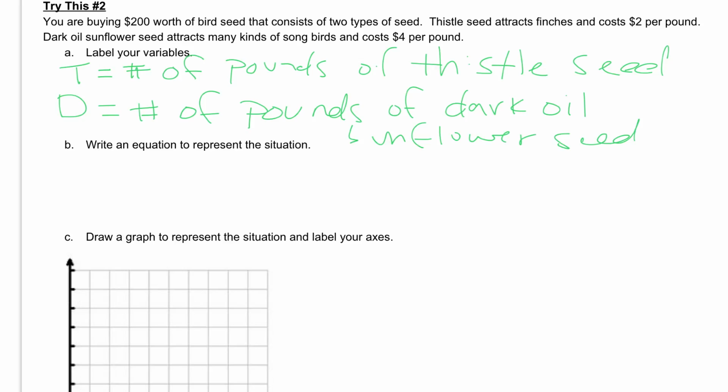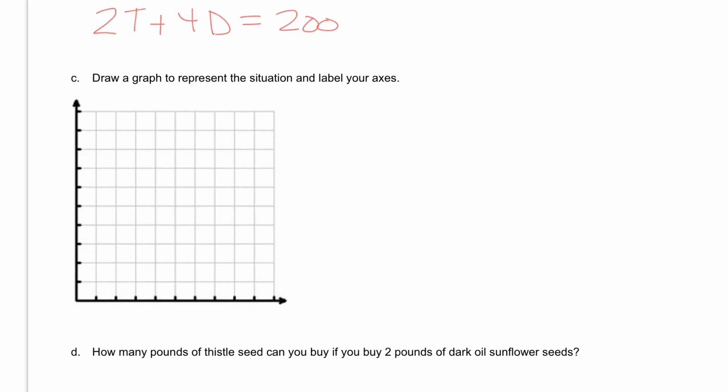Then for part B, the equation, you should have 2t, or whatever variable you chose, plus 4d, again, whatever variable you chose, equal to 200. Then if we go to graph this, I chose this to be my t-axis and this to be d.